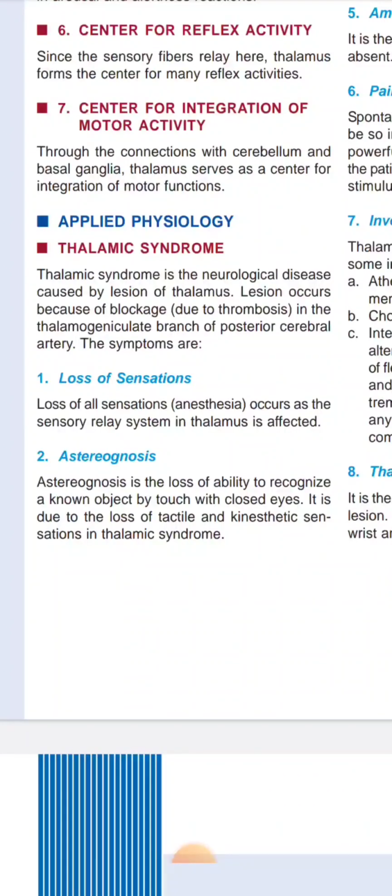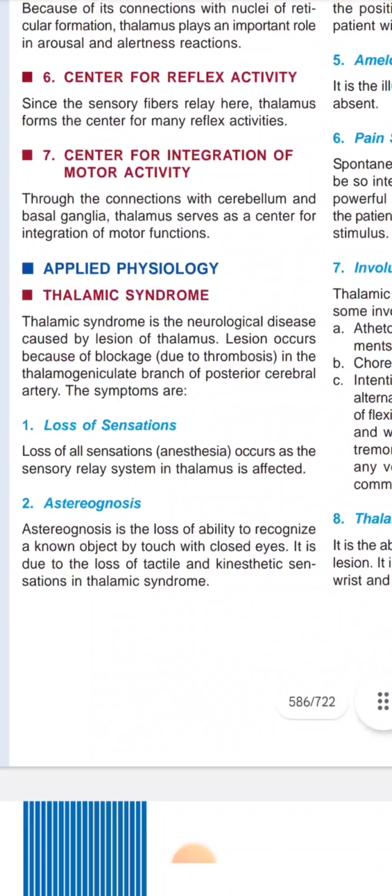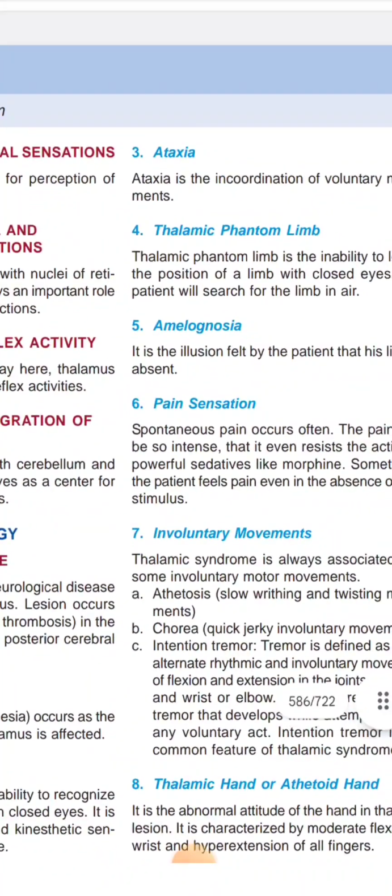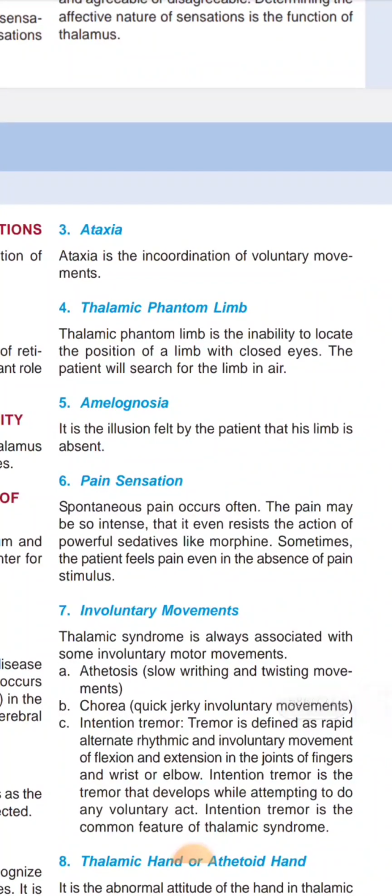Loss of sensations. Loss of sensations is generally called what? Anesthesia, occurs as all sensory relay systems in thalamus are affected. Astereognosis means the person is unable to identify known things. Ataxia means the person is unable to do coordinated movements.